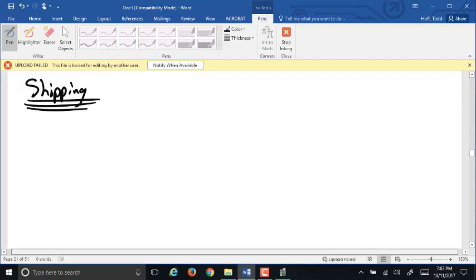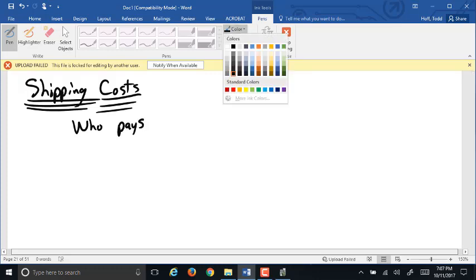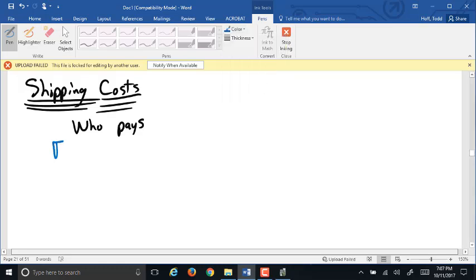Well, the one thing we haven't talked about yet, shipping costs. Who pays? Well, eventually the consumer, right? Well, the weird part about it is they don't describe who pays, they describe who doesn't pay.